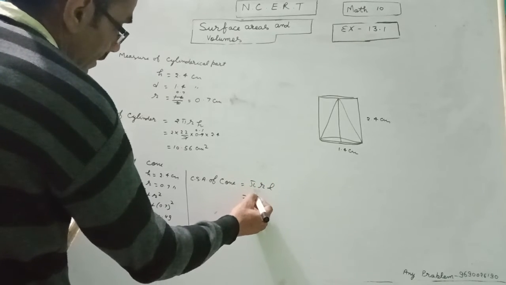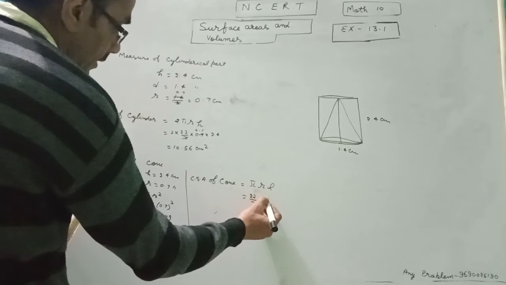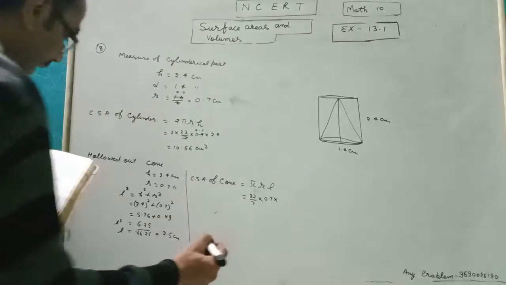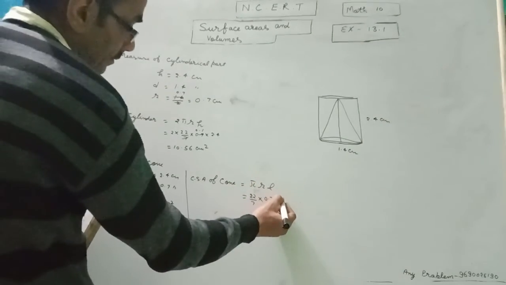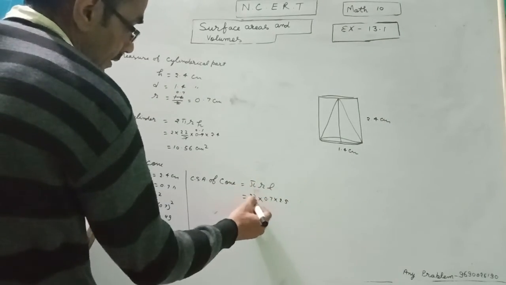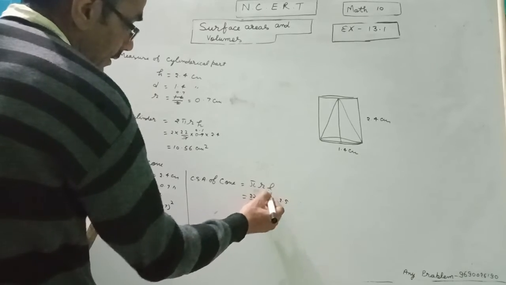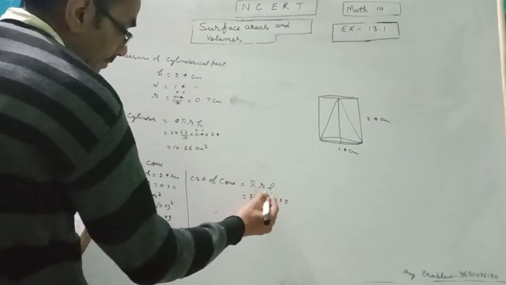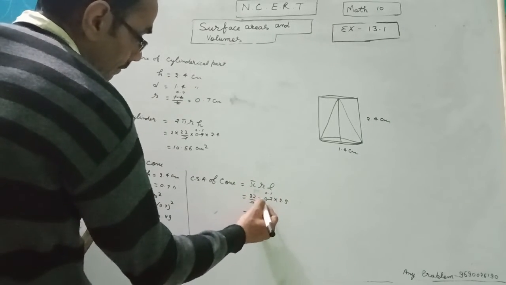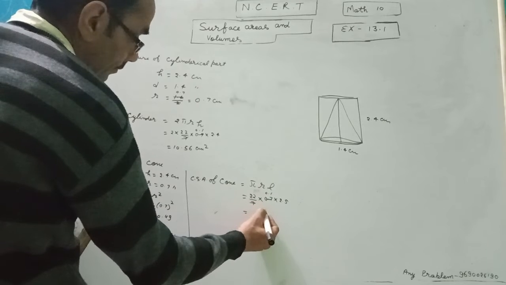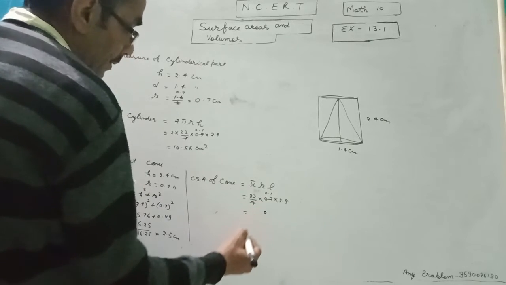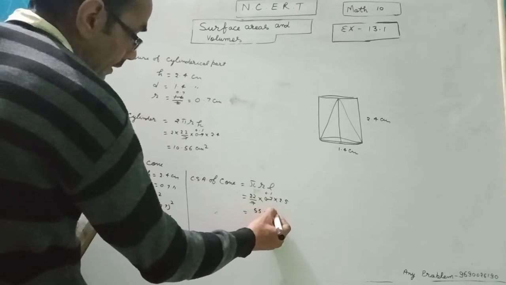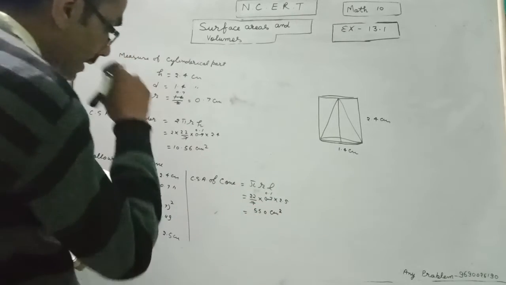Pi value is 22/7, R value 0.7, then L value we found is 2.5. 7 divided by 0.1 and multiplied by 25, that is 5.5 cm square.